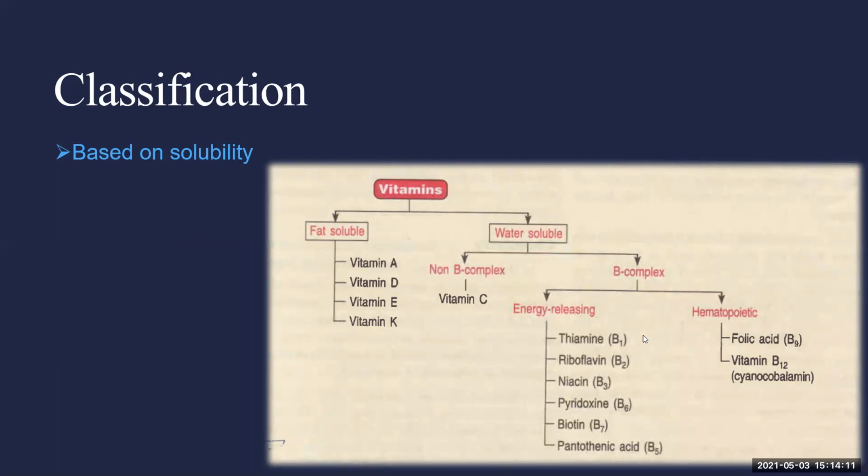Here, you have to know the first broad classification: fat soluble and water soluble vitamins. Why are they fat soluble and why are they water soluble? It's very simple. Water soluble vitamins can easily dissolve in water. Fat soluble vitamins require either oils or other organic solvents to dissolve.